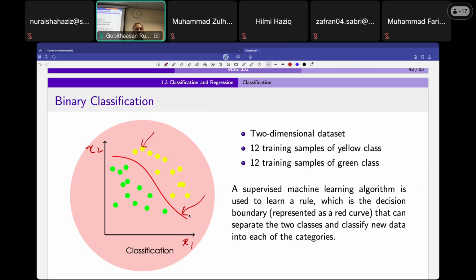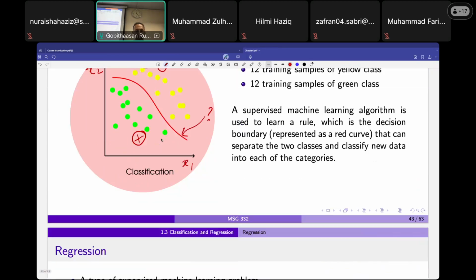So the story of binary classification is to find this line. Machine learning does that. It will give you a dividing line in order to separate. So if you have a new data point, if it falls here, then it's going to be a green label, whereas if it falls on top here, it's going to be a yellow label. That is binary classification.